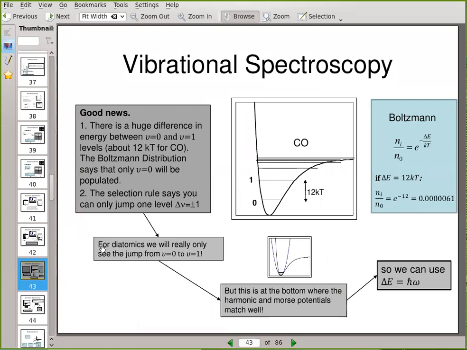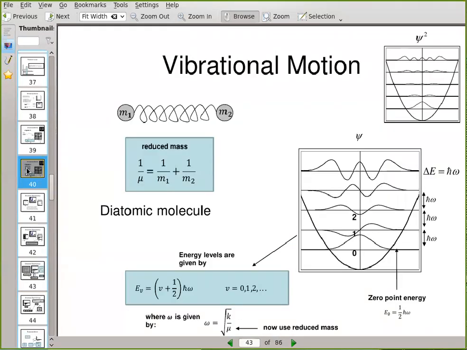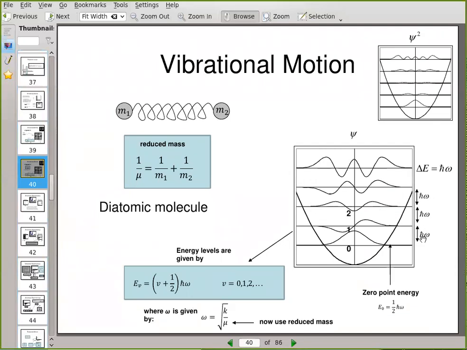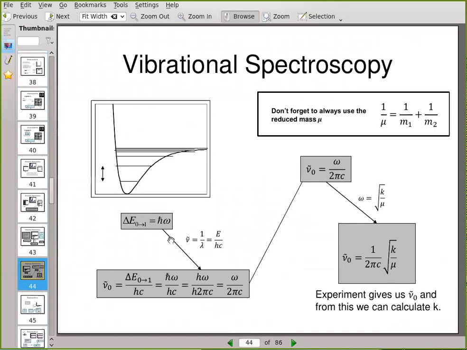For diatomics, we only see the jump from level 0 to 1, and it's where they match well with the harmonic, so we can use this lovely spacing between energy levels, because we're right down here, to work things out.